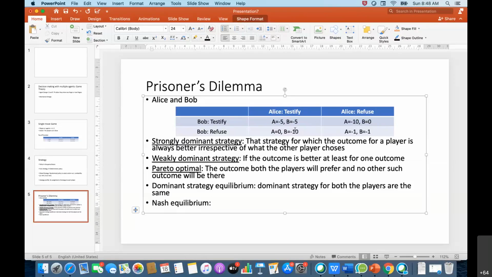Every game should have some equilibrium, at least one equilibrium, and that is known as Nash equilibrium.